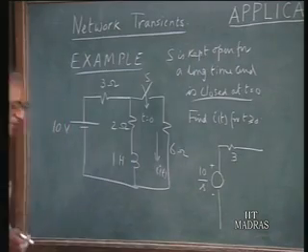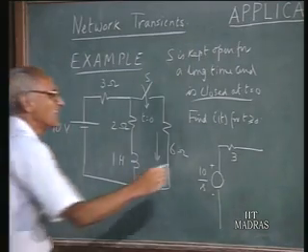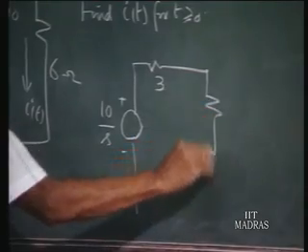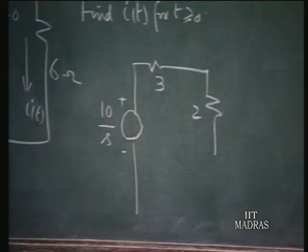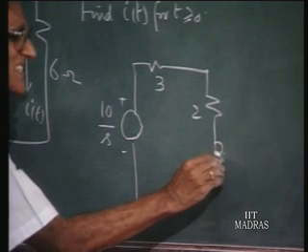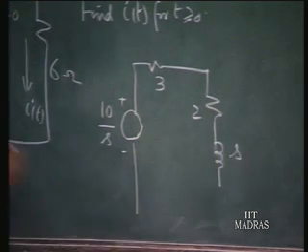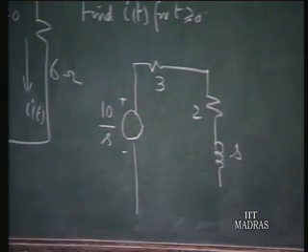The generalized impedance of the resistance is 3. Now this resistance here is 2. As far as the inductor is concerned, its generalized impedance is S, because it's 1 Henry inductance, therefore Ls is S.